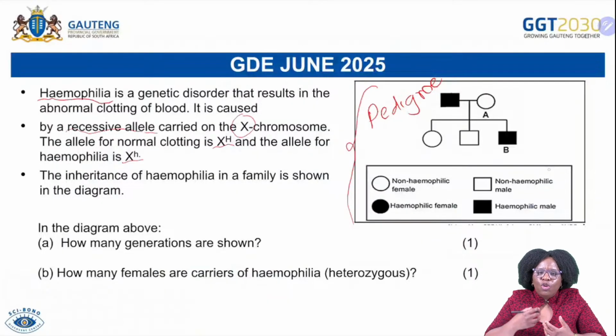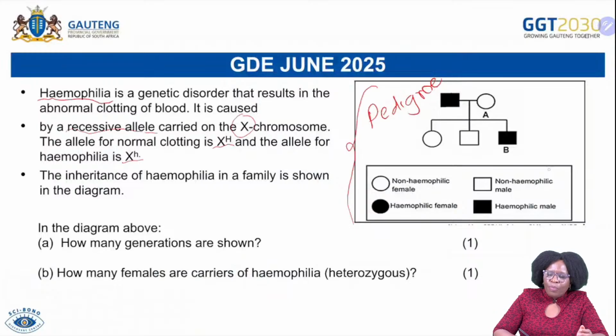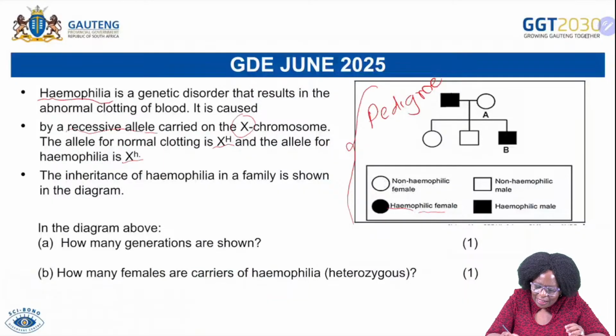Look at the key, do not ignore it, because the key is going to give you clear guidance of how to engage with answering the questions that are asked. In our key, a non-hemophilic female is the unshaded circle, and a hemophilic female is the shaded circle. Then the squares are a non-hemophilic male, and the shaded one is a hemophilic male.